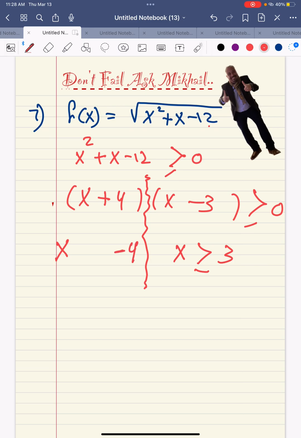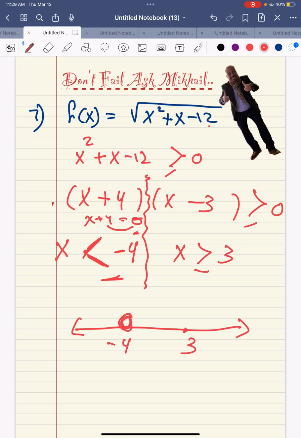You have to flip the sign from greater to smaller, because x plus 4 equal to 0 minus the negative, always get the flip the sign. So if I do a number line, I have 3, negative 4, less than or equal, and here greater than or equal. Now, you've gotta say, Mikhail, can I test a point like 0 here?